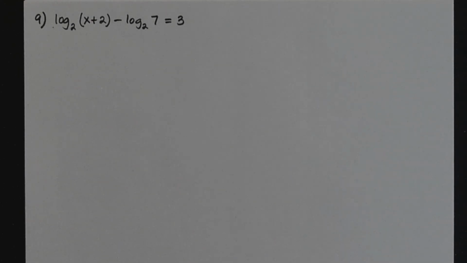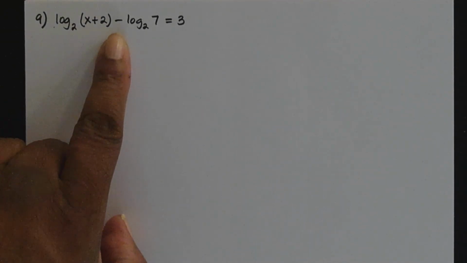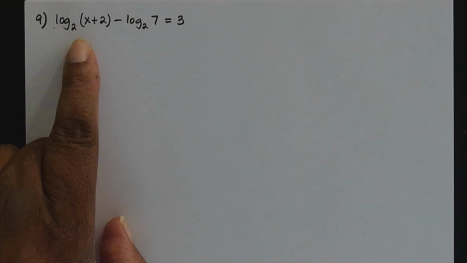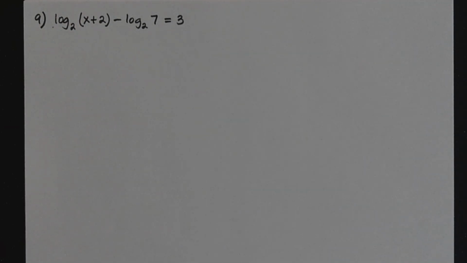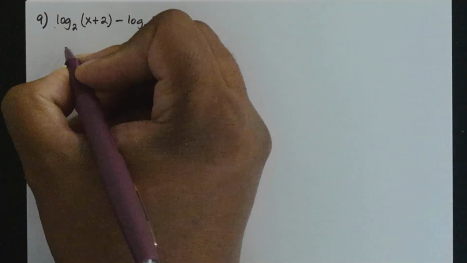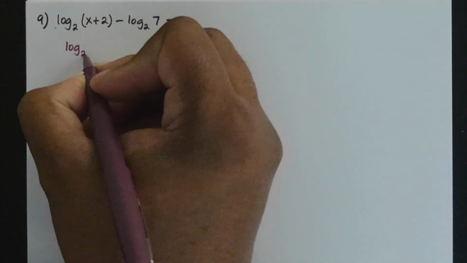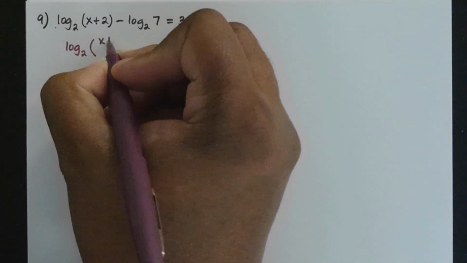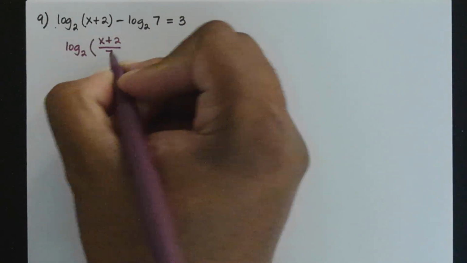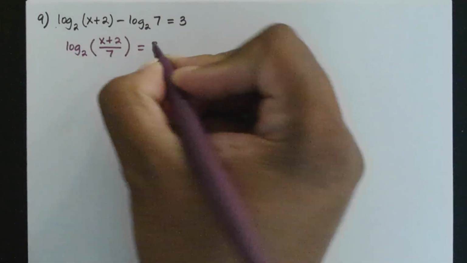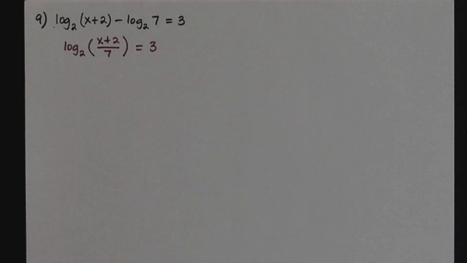So the first thing you need to do here is condense each side as a single logarithm. Okay. So on the left side, what rule do I need to use here to condense? Quotient rule, because I have the difference of my individual logarithms, I can condense that as the log of the quotient. So here, this will be log to the base 2 of, that x plus 2 will be in the numerator, and then the 7 will be in the denominator. And that's going to be equal to 3.